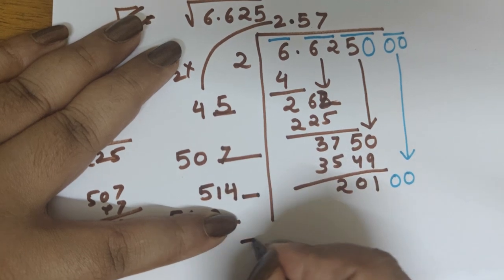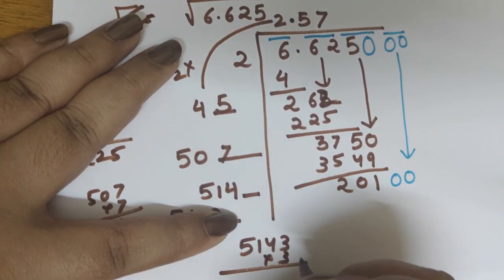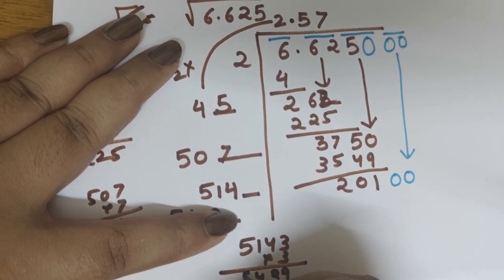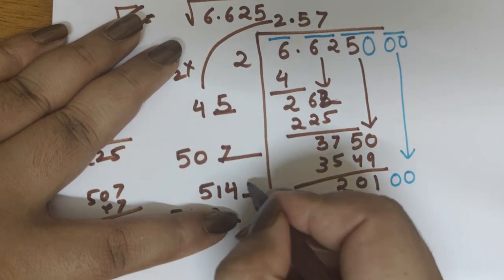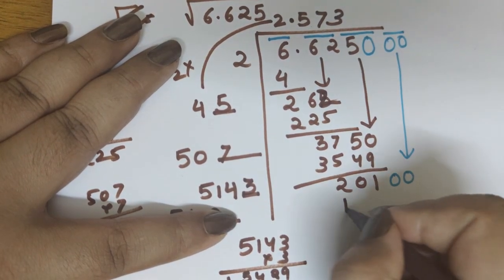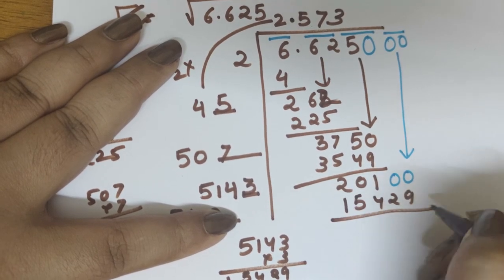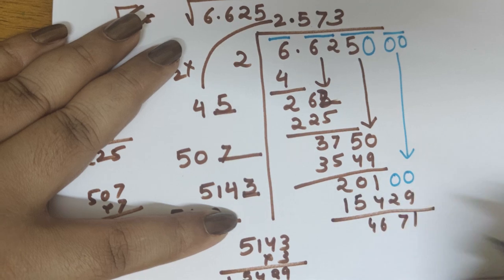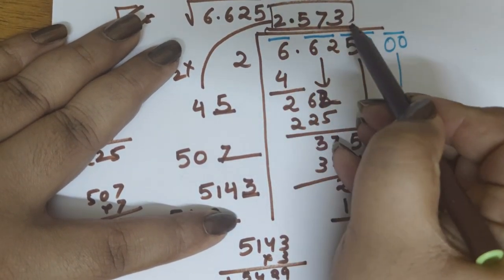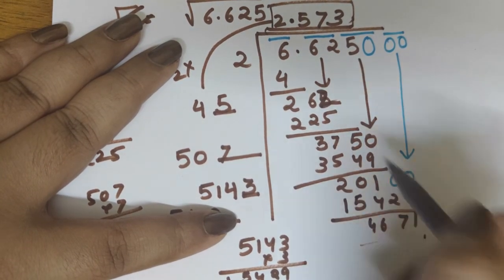So let's try number 3. Okay. So we will put 3 here, 3 here. Now we have got 3 digits after decimal, so we are not concerned how much remainder is left.